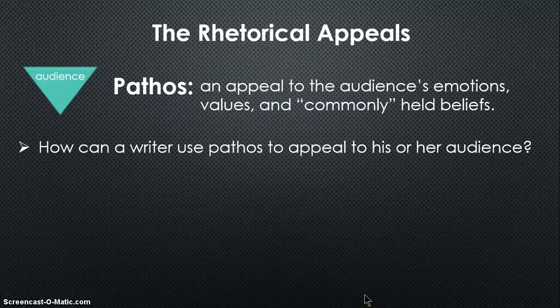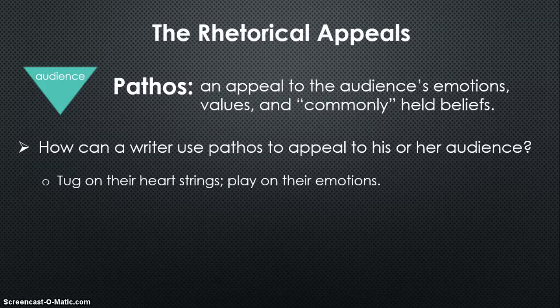How can a writer use pathos to appeal to his or her audience? Well, you may tug on their heartstrings, play on their emotions. We've all seen those ads where some sad music is playing, and you may see a child, perhaps, in a third world country who looks to be emaciated, and a gentleman walks up behind him and says, for pennies a day, or for the price of a cup of coffee per day, you could make a big change in this child's life.